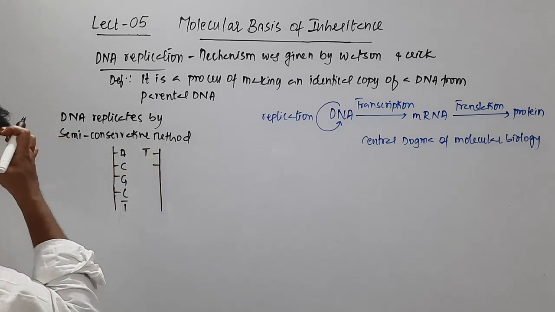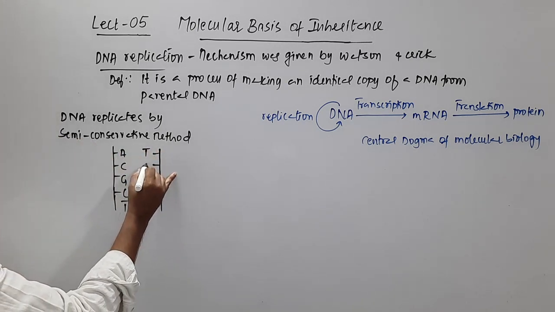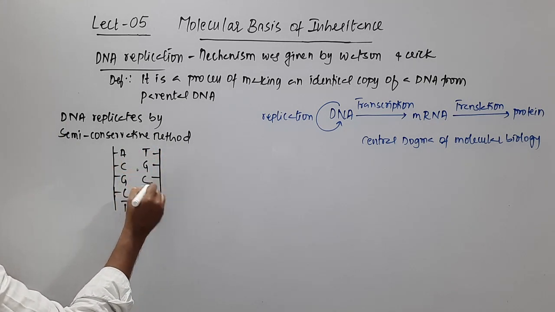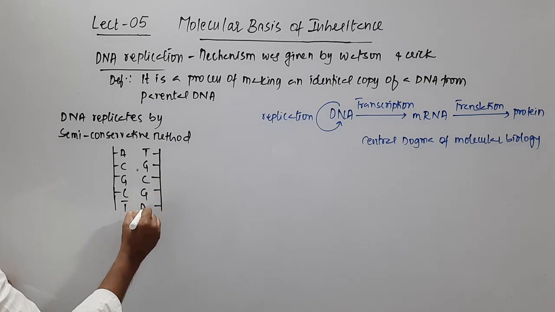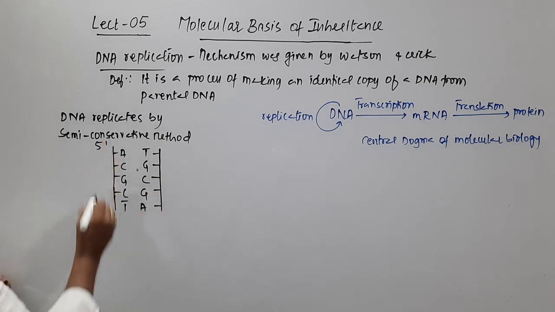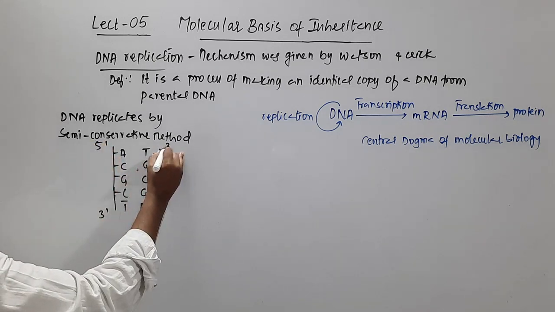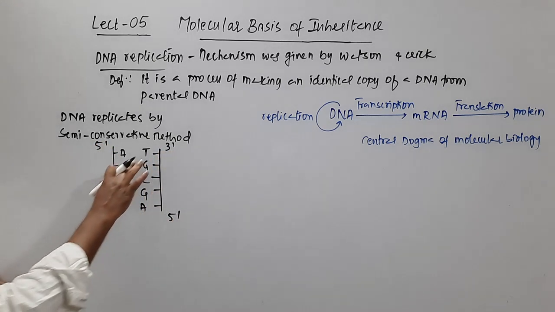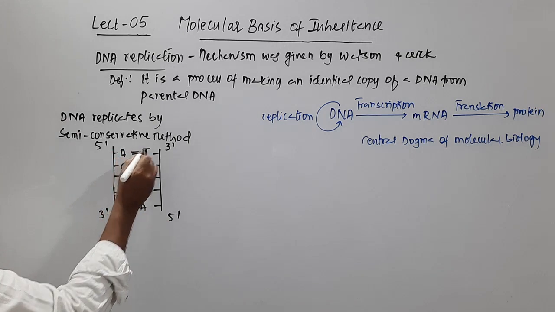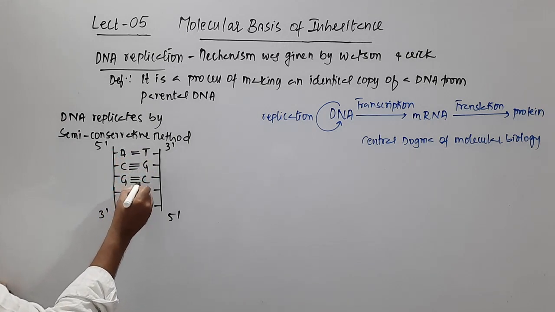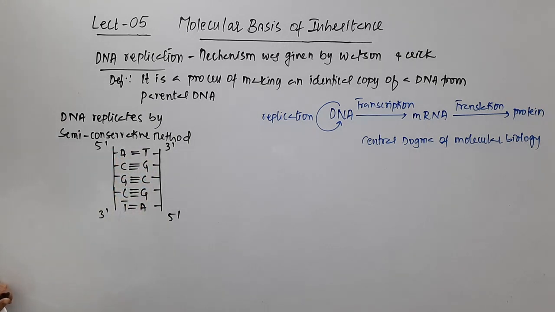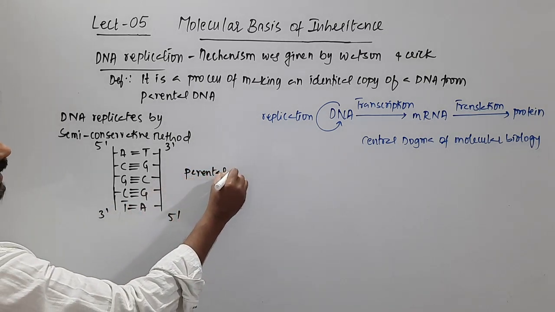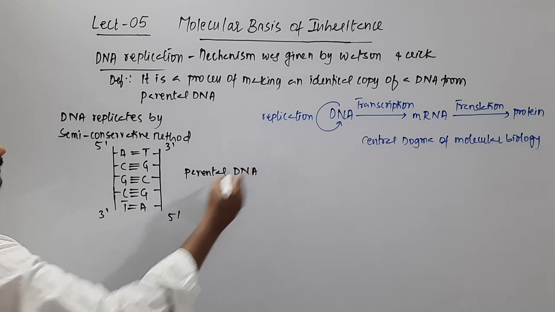We know that the two strands are complementary to each other. G, C. So this is 5 dash to 3 dash. This is 3 dash to 5 dash. Now this is the parental DNA.